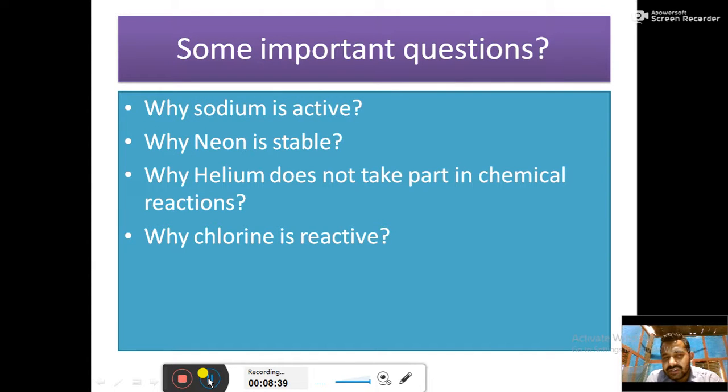Its valence is also 0. So neon is stable because it follows the octet state. Why doesn't helium take part in chemical reactions? Because it is stable, since it has 2 electrons in the outermost shell, which is stable by the duplet state. Why is chlorine reactive? Chlorine has 7 electrons in the outermost shell. It should gain 1 electron to be stable, and so chlorine is reactive, or you might say chlorine is active.